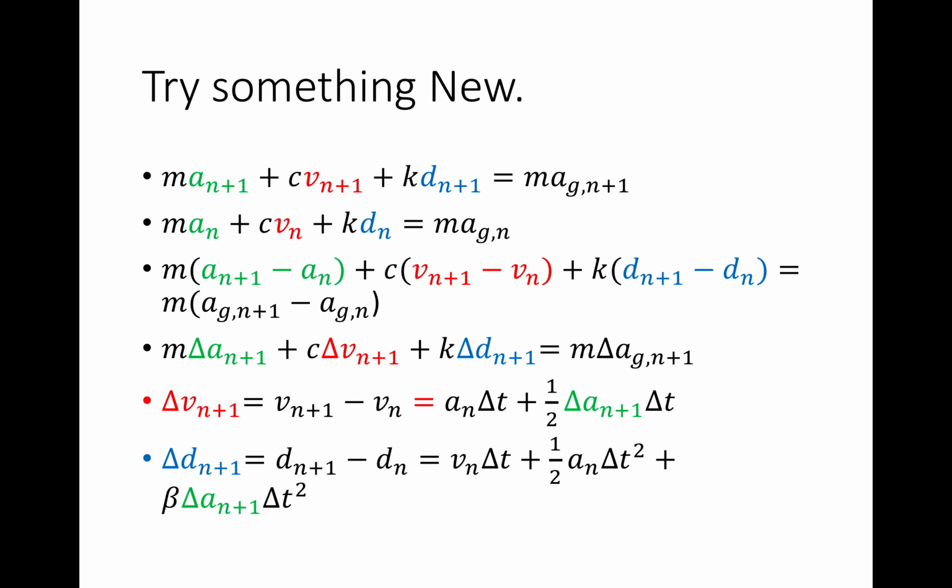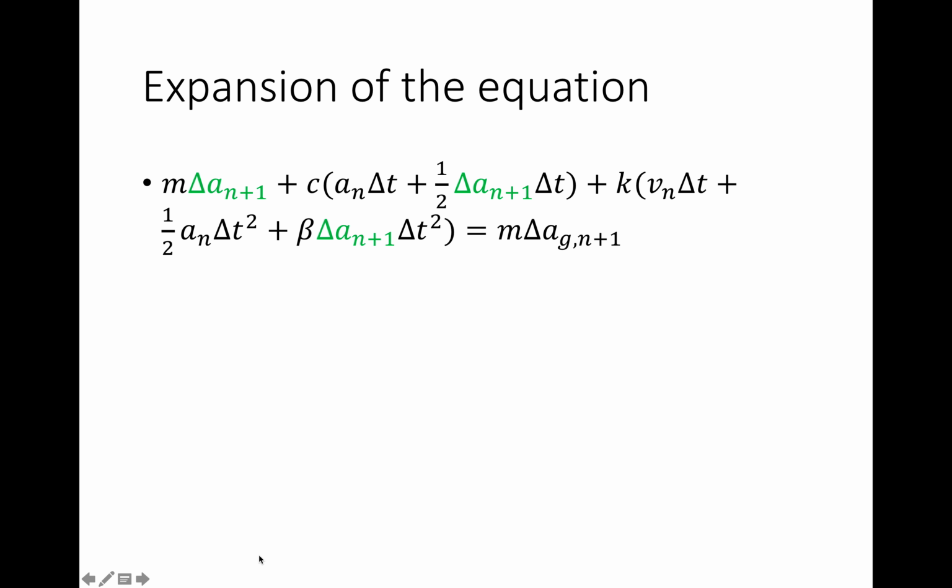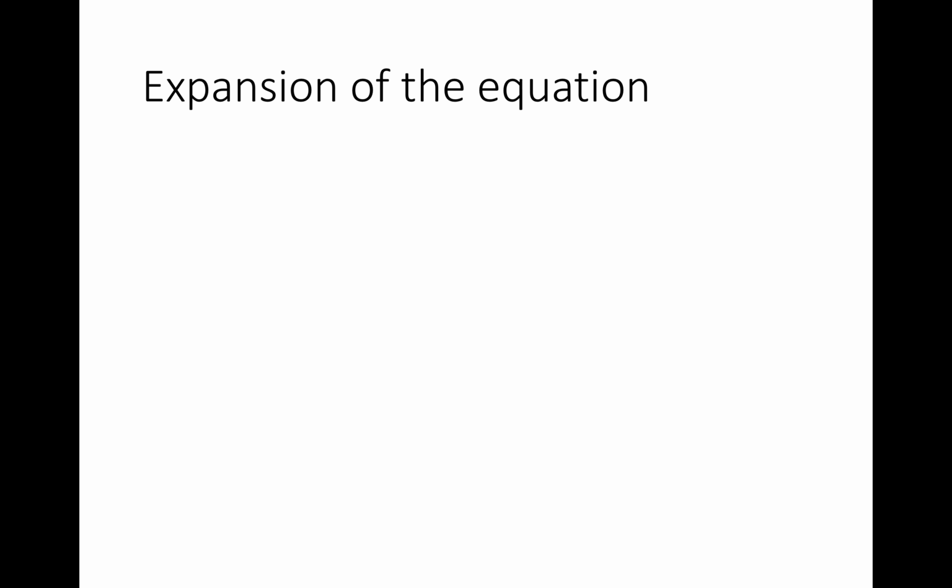At the same time, we can also get delta d n the same way. We just ignore the d n term for the d n+1, and we can get v n, a n, and delta a n+1 terms. Use beta here. Okay, let's insert delta v n+1 and delta d n+1 into the equation of motion.